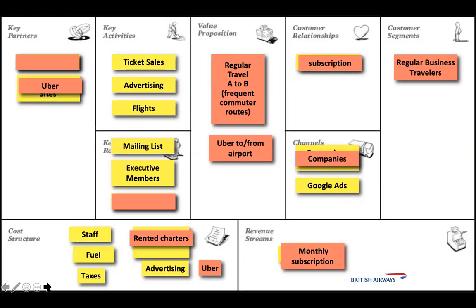And we're going to target not everybody, but a very specific customer segment, which is regular business travelers. So what that means is that we'll basically look for routes where business people travel every week, and several of them do so. So frequently used air routes for business travelers.